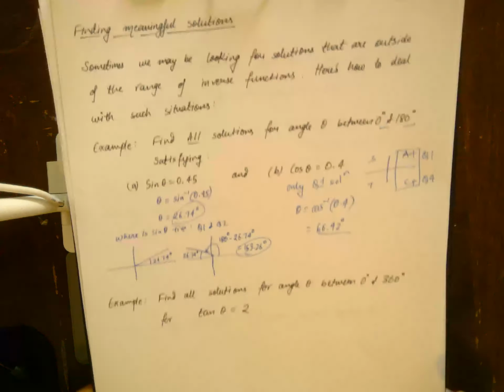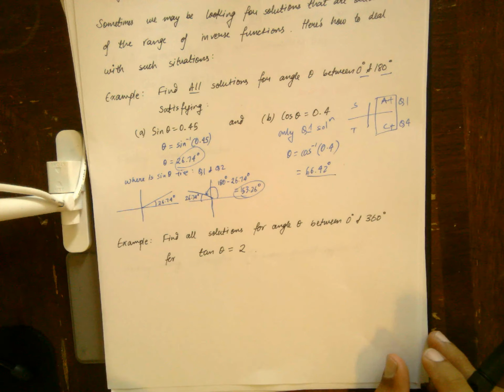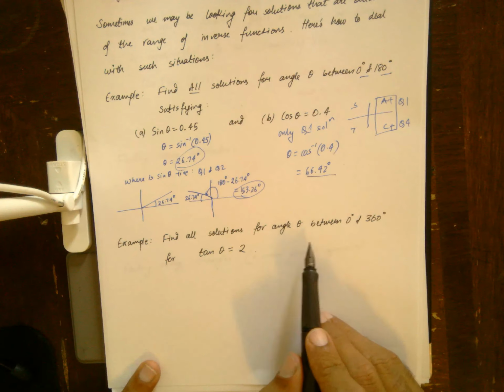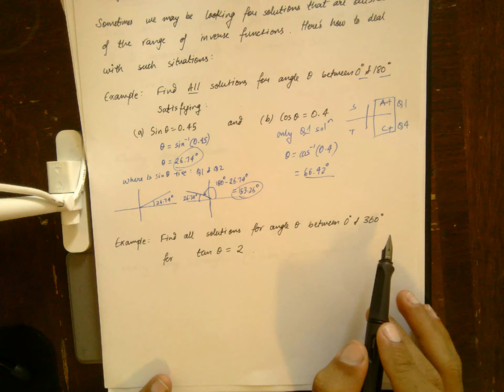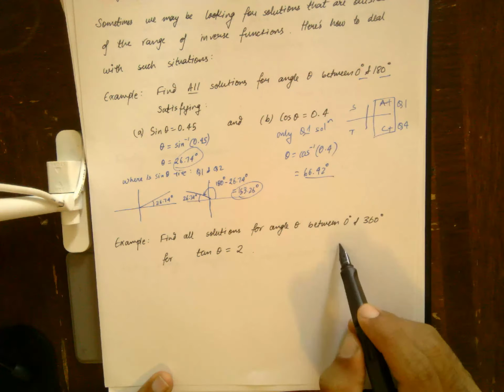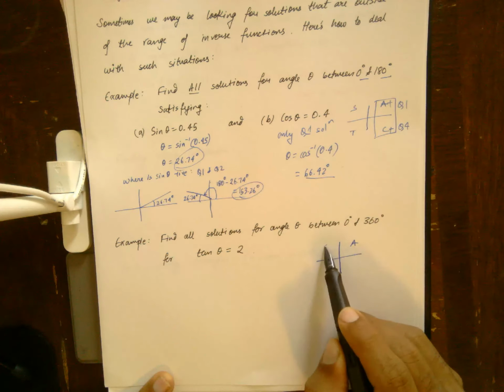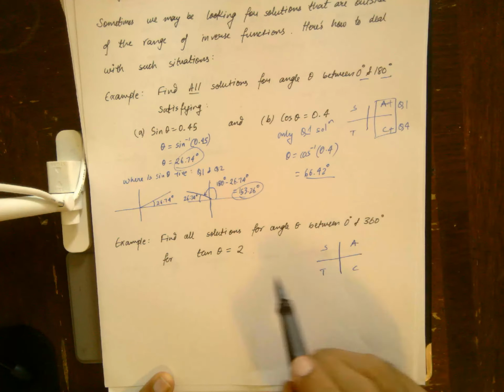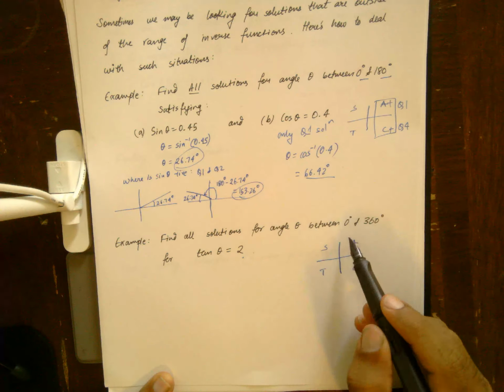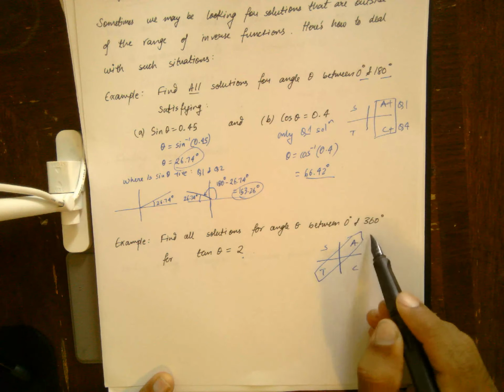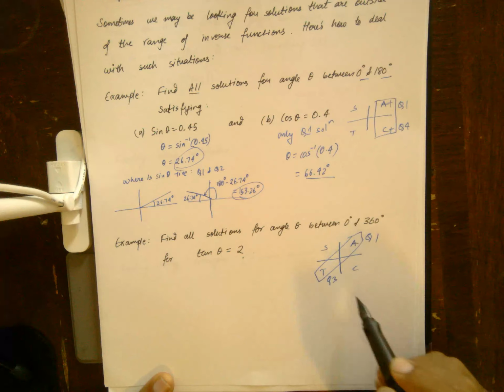Now in the next example, it says find all solutions for angles theta when theta is between 0 and 360. By ASTC, and this is positive, I know that my answer is in quadrant 1, quadrant 3.